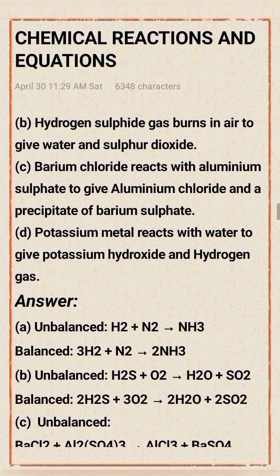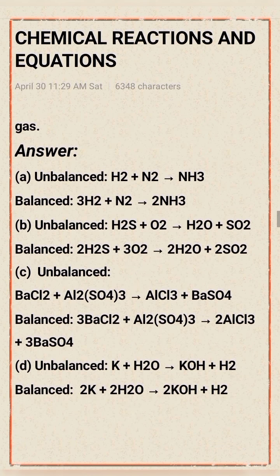Next part D. Potassium metal reacts with water to give potassium hydroxide and hydrogen gas. That is the unbalanced equation: K, that is potassium, plus water H2O, product formation KOH potassium hydroxide and hydrogen H2.